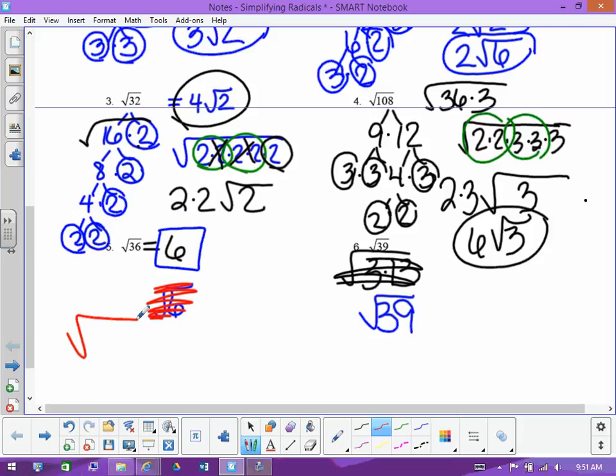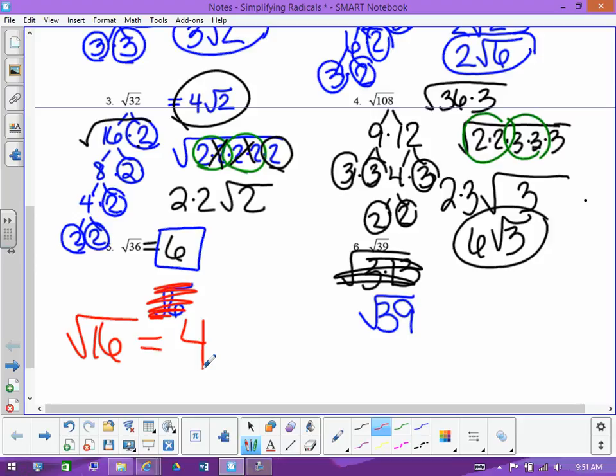So if I'm going to say the square root of 16, what's my answer? 4. What's the square root of 25? 5. What's the square root of 100? 10. If you can take the square root, there is no sign on your answer.